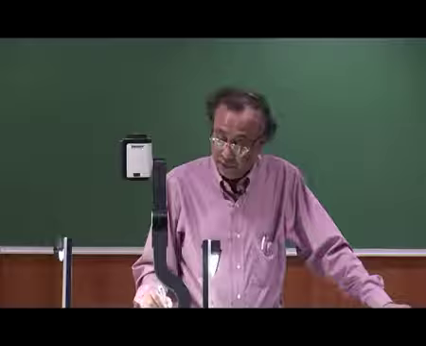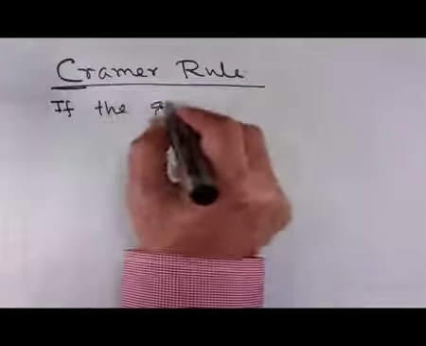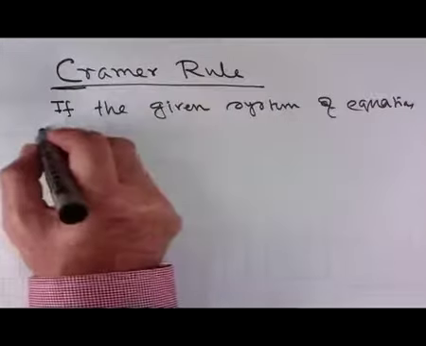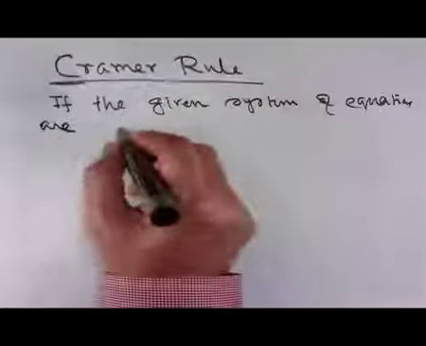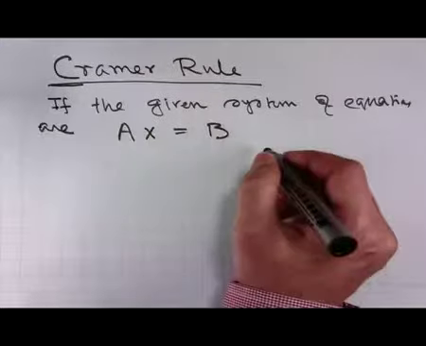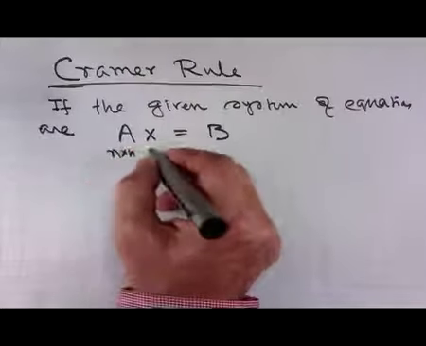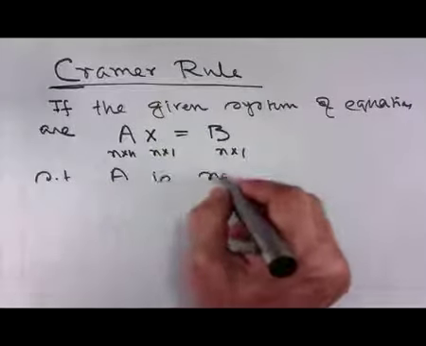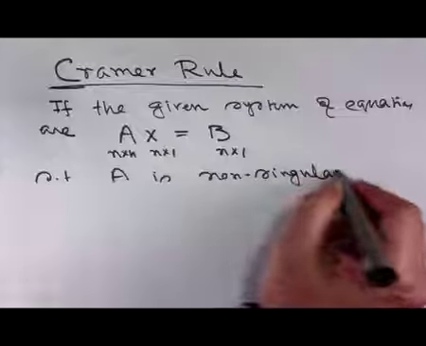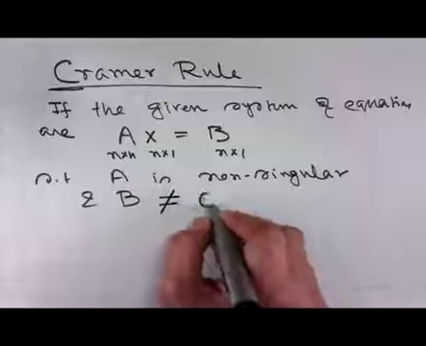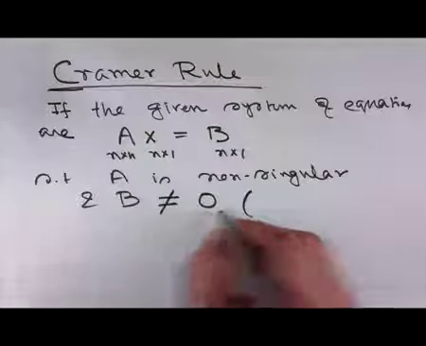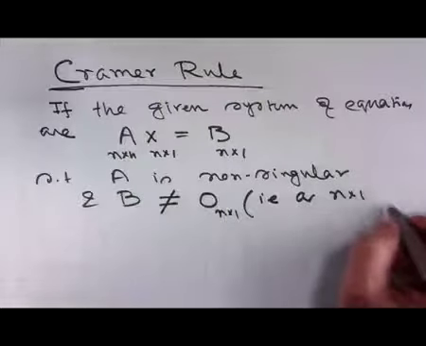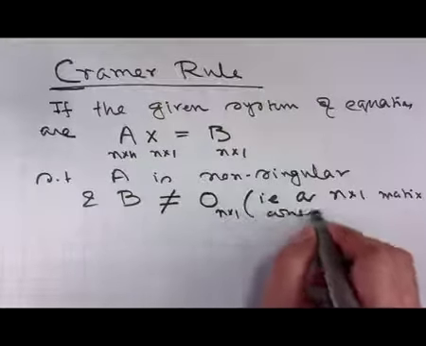The idea is, if the given system of equations are Ax is equal to b, where A is n cross n, x is n cross 1, b is n cross 1, such that A is non-singular and b not equal to 0 vector, that is a n cross 1 matrix where all values are zeros.